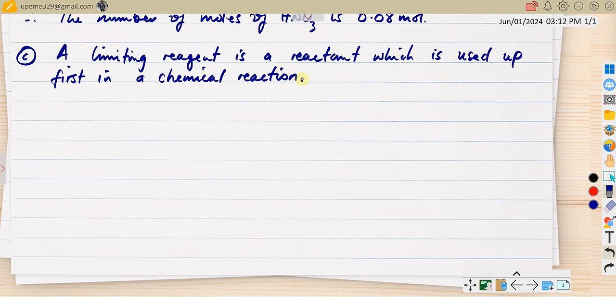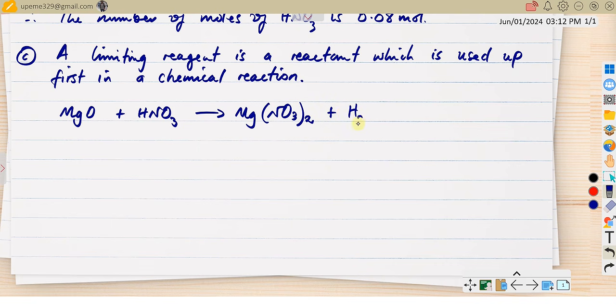Like the way we saw that magnesium oxide is reacting with nitric acid to form magnesium nitrate and water. So these two, magnesium and nitric acid, are reagents or reactants. So as they are reacting, the one that finishes up first is known as the limiting reagent, but the one which remains is known as the excess reagent.